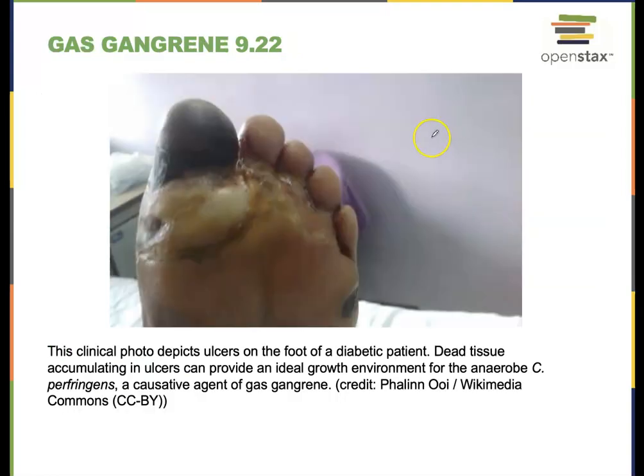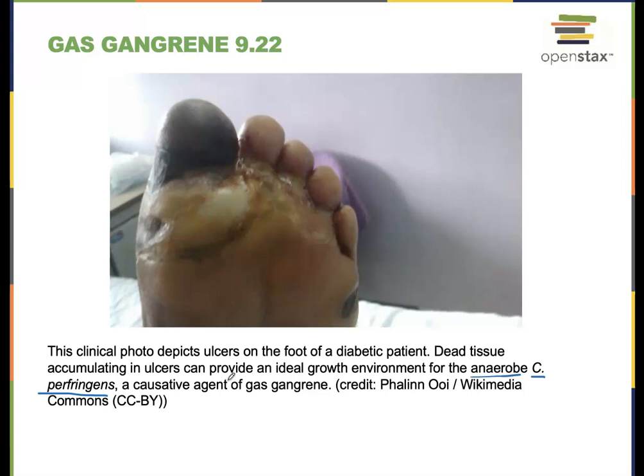This is something called gas gangrene. It is caused by an anaerobe called Clostridium perfringens. We will learn about this one later. When you have an anaerobic infection, these bacteria cannot grow with oxygen.